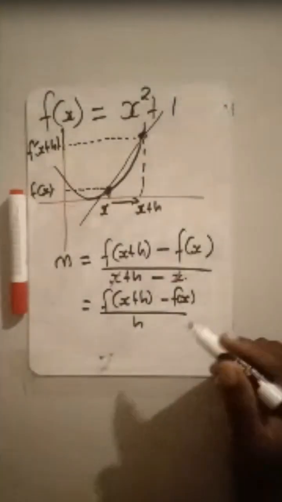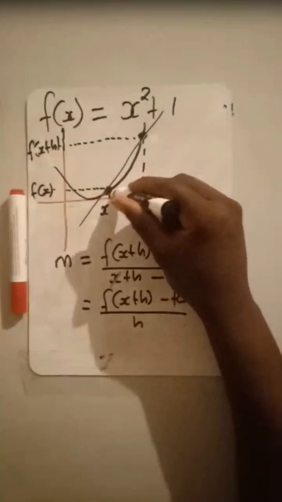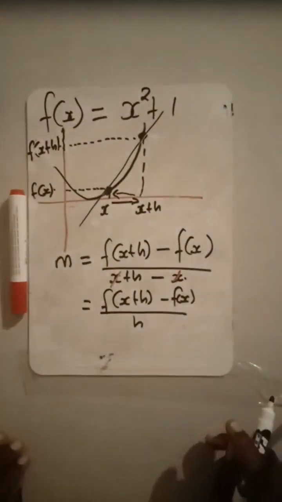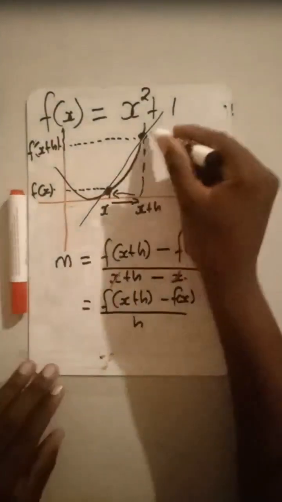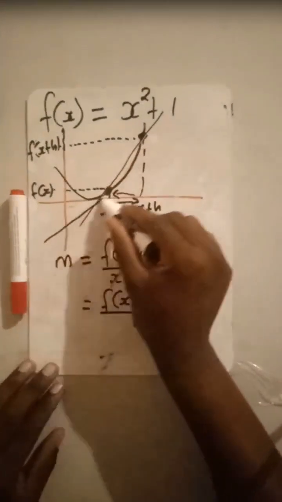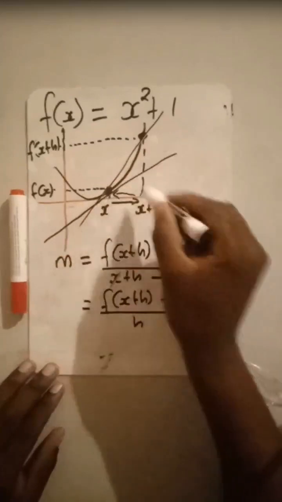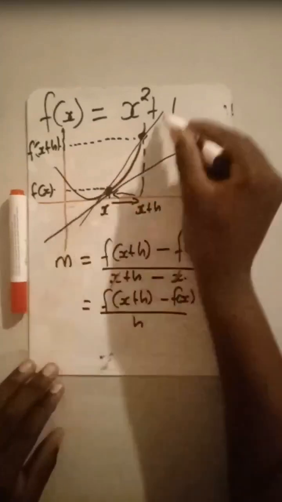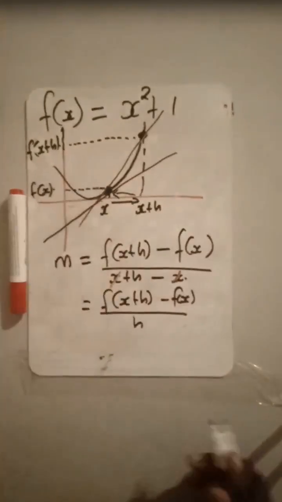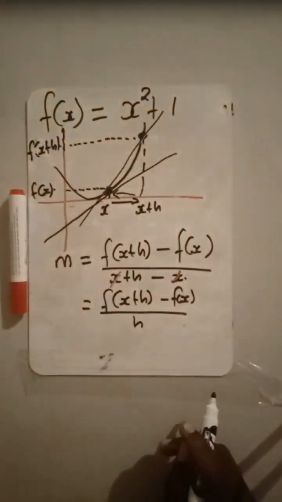So if we reduce h, coming this side, our line segment will end up being a tangent at that point.